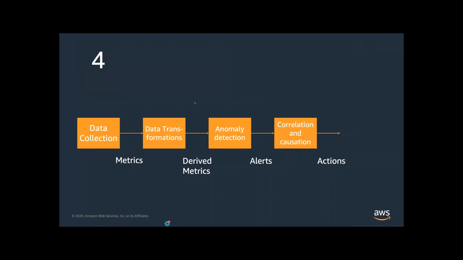So we have systems that deal with anomaly detection. We have other systems that deal with correlation and causation, and the outputs of those essentially are actions. And we have other systems that take those actions, take those triggers, and actually look to solve the problems on the network without causing impact to our customers.